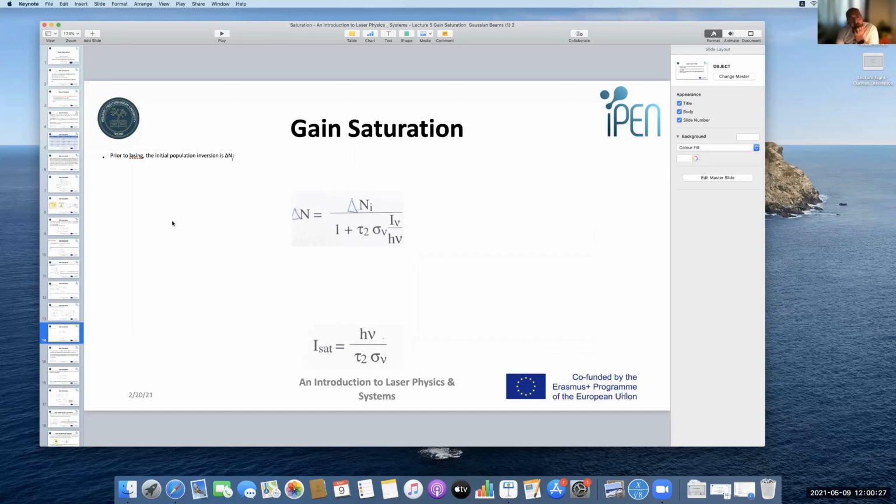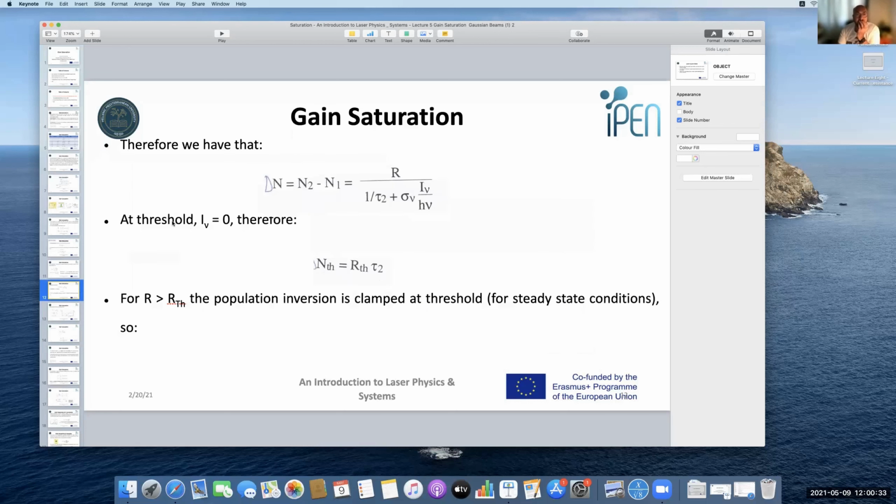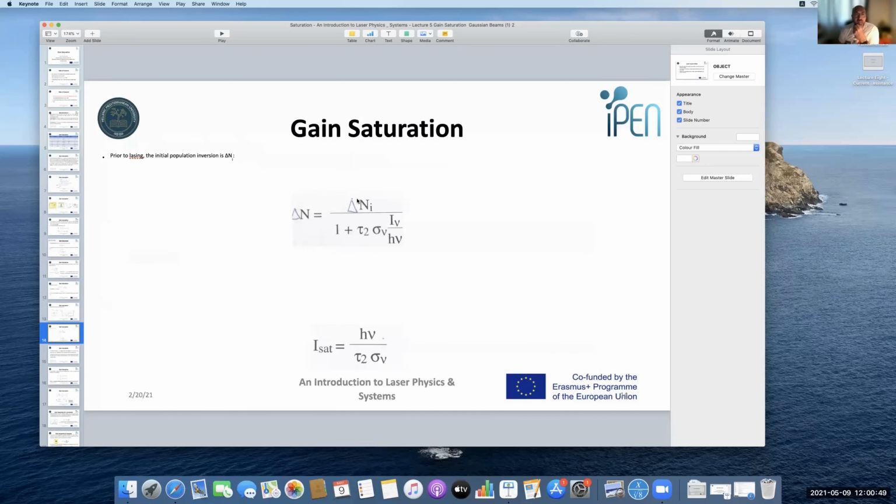So if I go here, and I multiply this with T2, and I know that this is clamped always to the threshold, and I multiply numerator and denominator with T2, I'm reaching this value. So my population inversion, when I don't have a laser, is the initial population inversion, because this is 0. But as we build the laser, my population inversion will reduce.